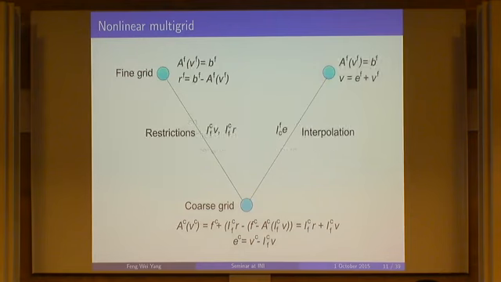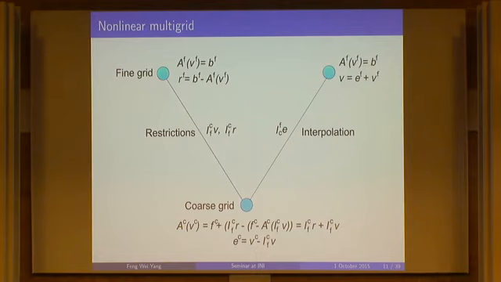So what we do in the nonlinear case is include a modified right-hand side. If v is a true solution to the nonlinear problem, this term would be 0, but it won't be because of the iterative methods we're using.